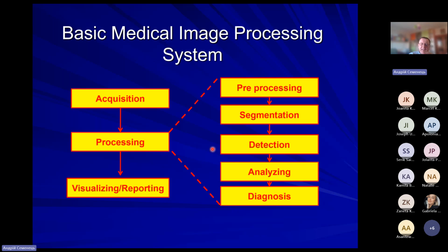If you take a detailed look at the processing stages, it involves steps like pre-processing, segmentation, detection, analysis, and diagnosis. Except for pre-processing, those are useful in the case of possible automatic decision-making based on images.